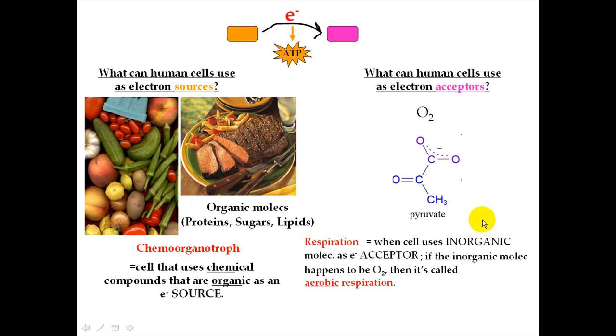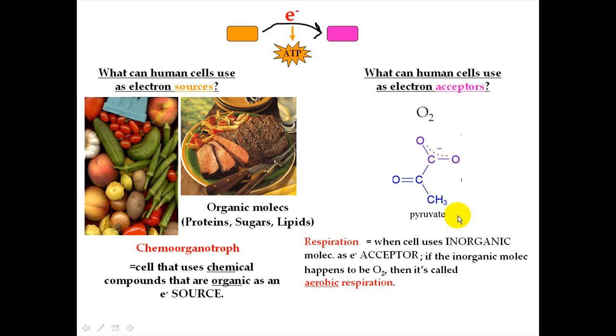We said that if you're talking about humans, an alternative to oxygen that can be used as an electron acceptor is something like pyruvic acid. I'm showing you the structure here to emphasize the fact that pyruvate has both carbons and hydrogens in it. So by definition, that would make pyruvate an organic molecule.